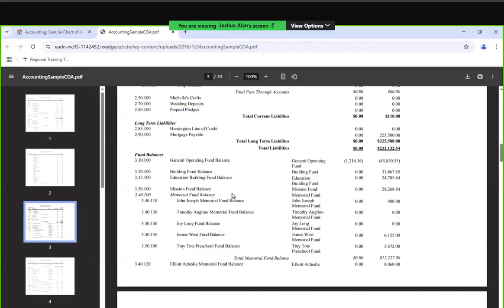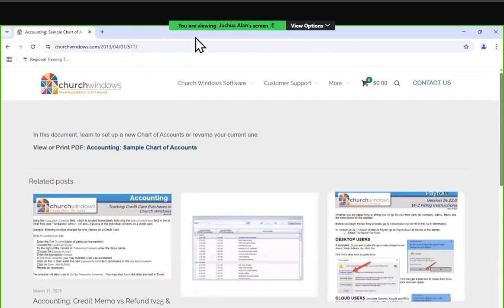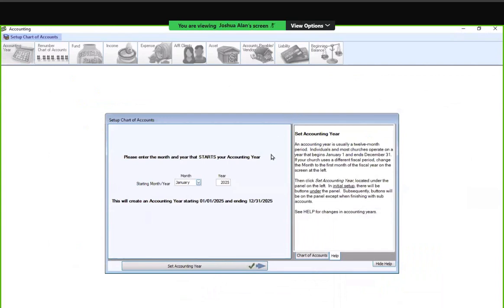If we really want to back up to basics, folks, before fund accounting programs like Church Windows Accounting were created and became more widely accepted, when a church wanted to set up a new fund, they would literally go down to the bank and open a separate bank account. I've seen charts of accounts, folks, where they've got 12 different assets that represent 12 different funds. You just have to understand that that's coming from a period of time when they didn't have a fund accounting software program like Church Windows Accounting.